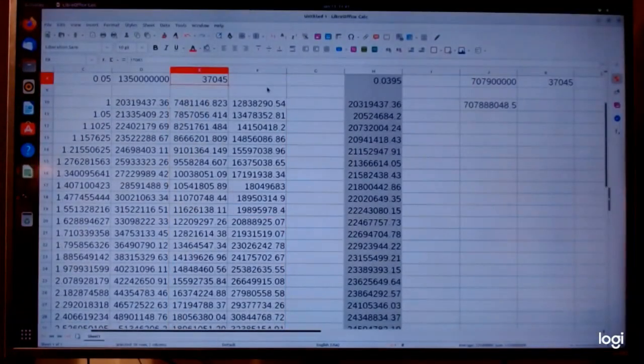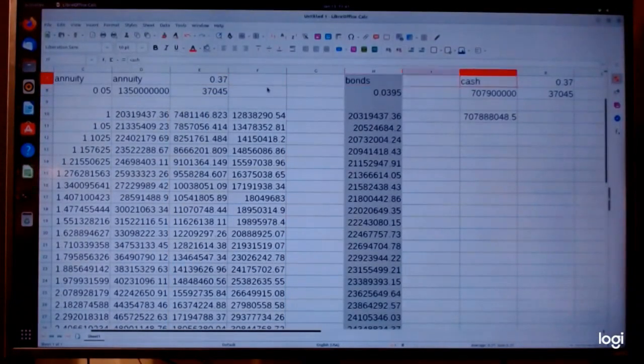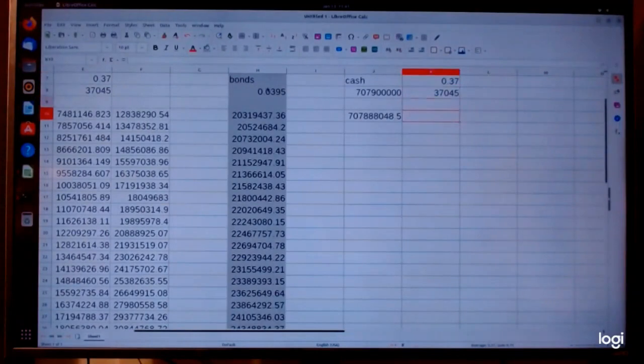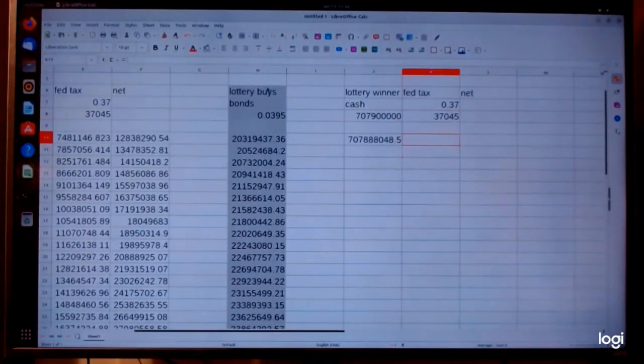Okay, the same thing for the cash, that is what, J10 times K7 minus K8.